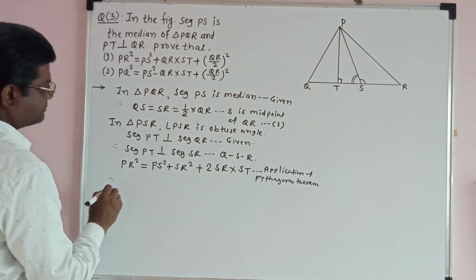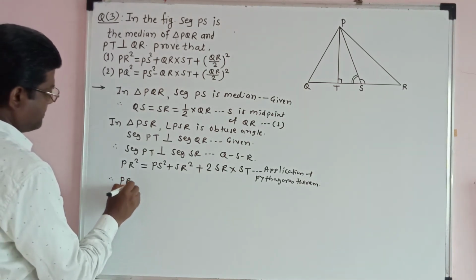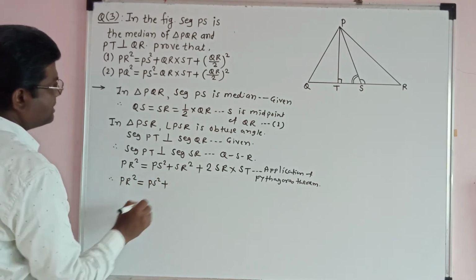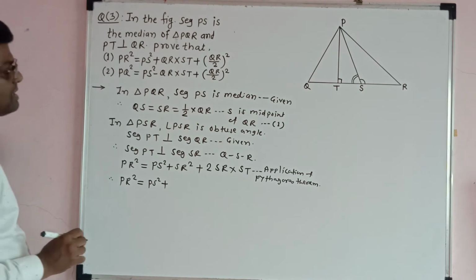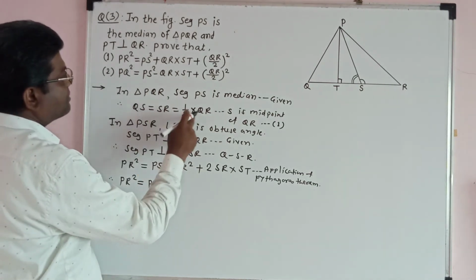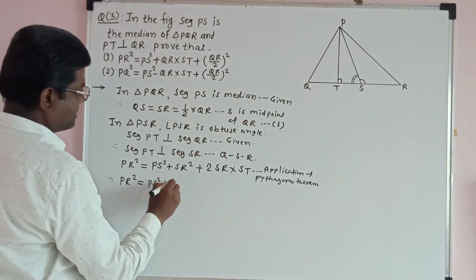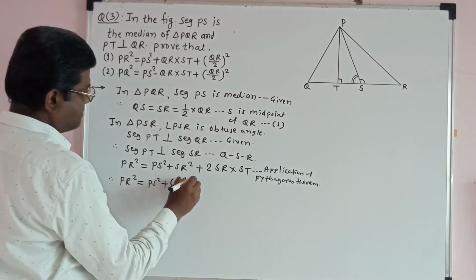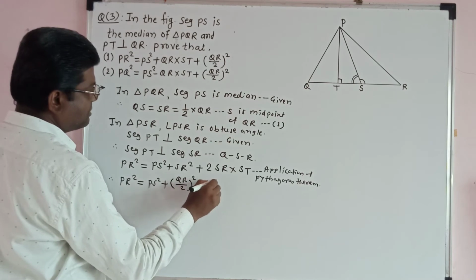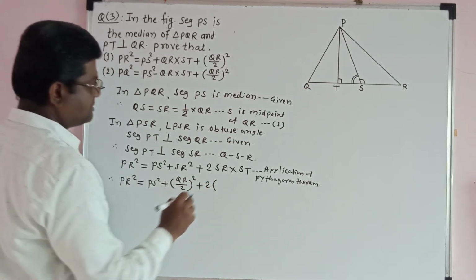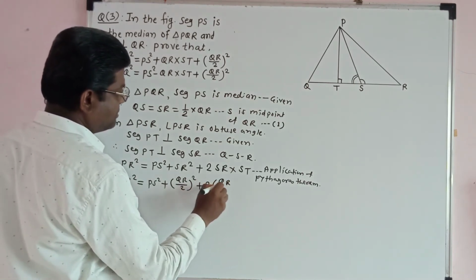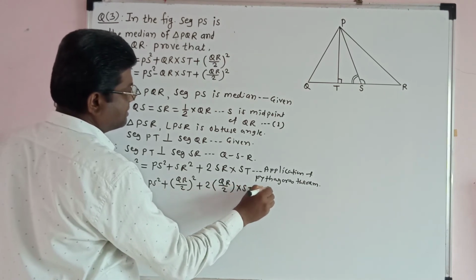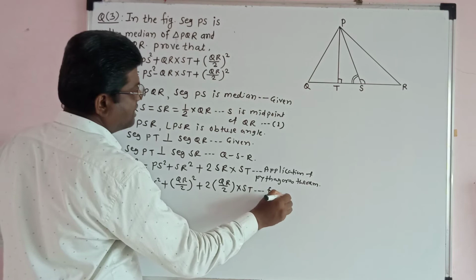Therefore PR square is equal to PS square plus SR square. SR is equal to half into QR, that is QR upon 2 bracket square, plus 2 into SR, which is QR upon 2, into ST. From equation 1.